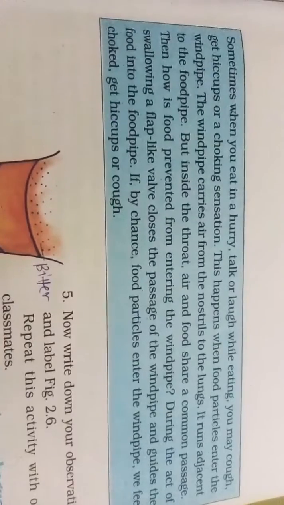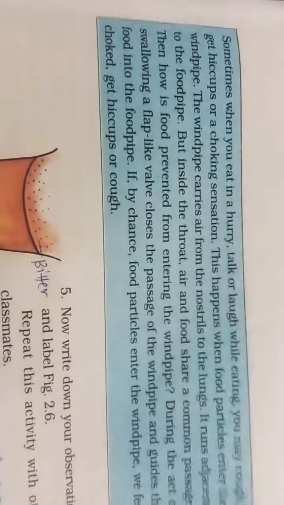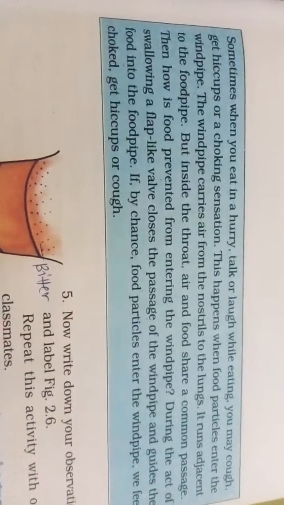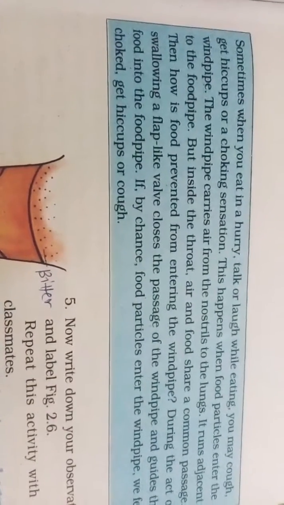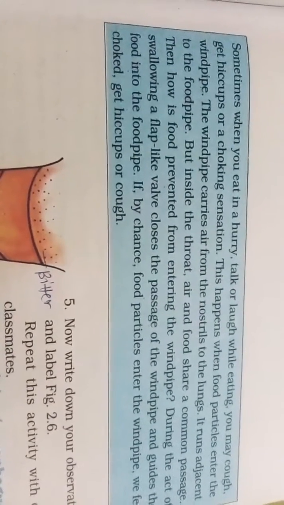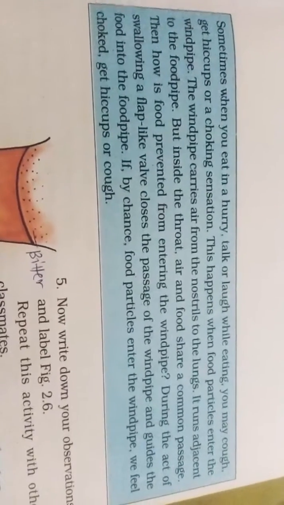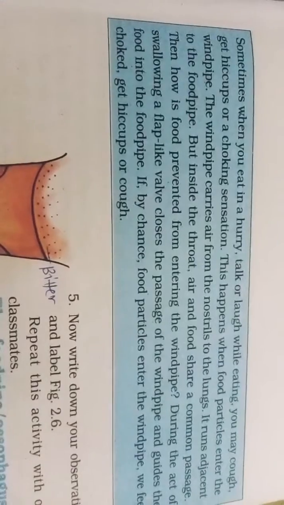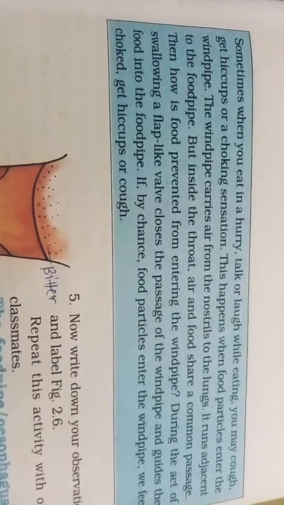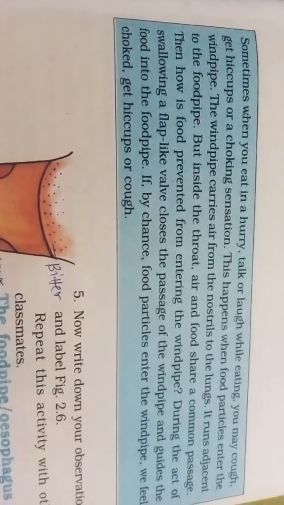This windpipe carries air from the nostrils in our nose to the lungs. It runs adjacent to the food pipe. But inside the throat, air and food share a common passage. Then how is food prevented from entering the windpipe?